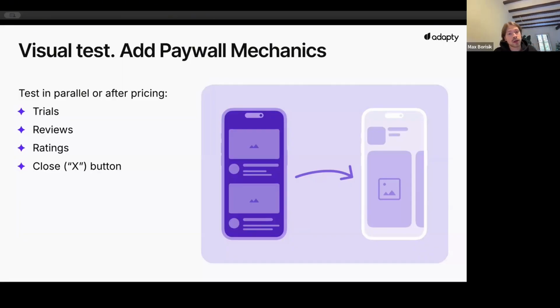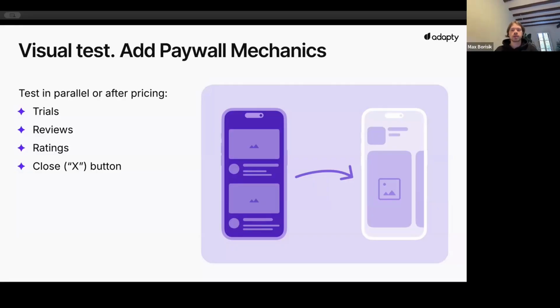It usually works pretty well. And also, it's not attached here, but you can try out the timer thing, when on the paywall there is a countdown of 5 minutes or 3 minutes saying that you need to buy, otherwise this price will disappear. So that's something very important to do.